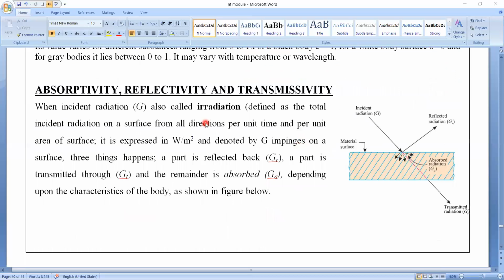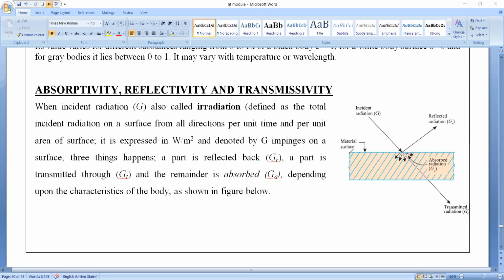The next important definitions are absorptivity, reflectivity, and transmissivity. Sometimes in examinations they will ask, define the following terms related to thermal radiation: absorptivity, reflectivity, and transmissivity. Before going to the definitions of these three terms, let's take an example.